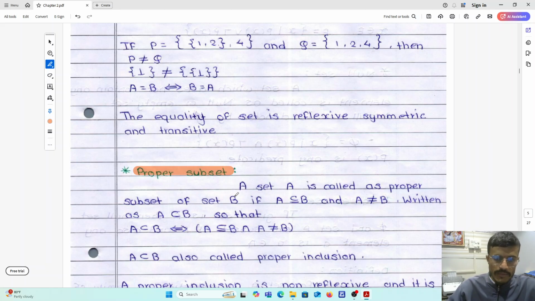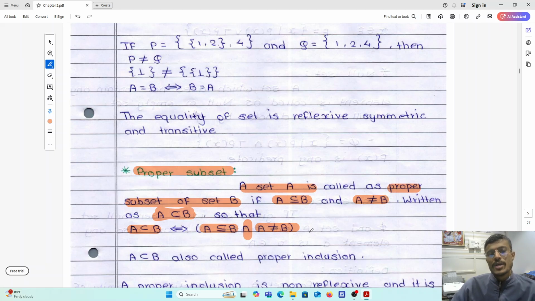For example, A is called a proper subset of B if A is a subset of B and A is not equal to B. Then it is written as A properly included in B, which is equal to A subset of B, and A should not be equal to B. So that is the thing with respect to the proper subset.